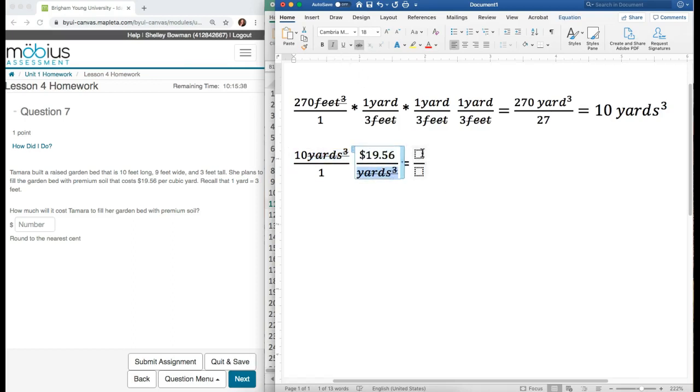There we go. And then we end up with our unit is dollar. This did not cancel out with anything, so I keep it. $195.60, and nothing is on the bottom, so I can just keep that. And that is how to do homework number 7, plus a bunch of extras and review on there.